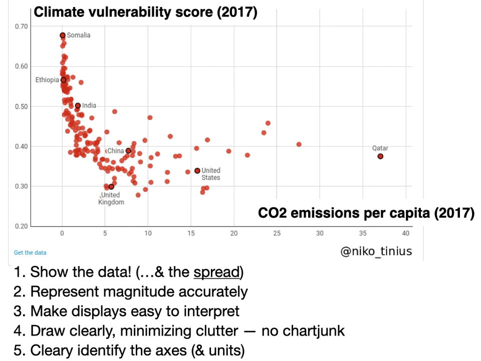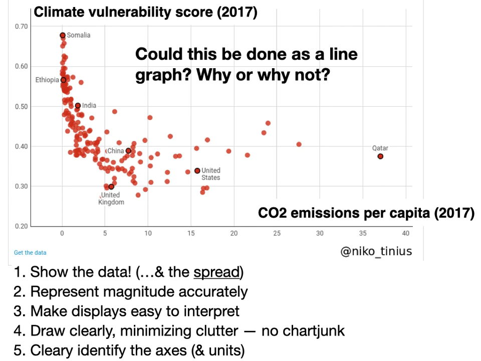How vulnerable is their agriculture, their way of life, to being influenced by climate disasters and things like that? And so what's the relationship between how vulnerable people of a country are and their carbon dioxide contributions into the atmosphere? And could this graph be done as a line graph? Why or why not?